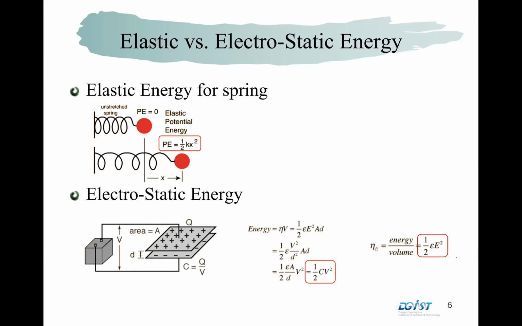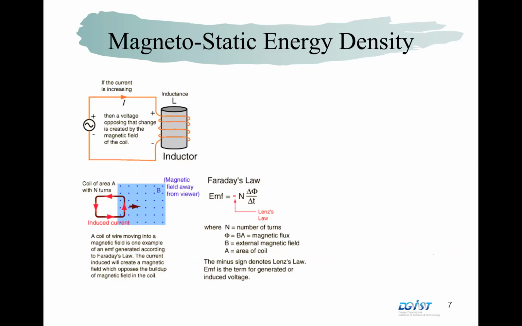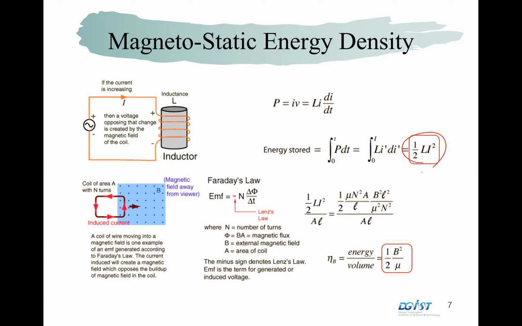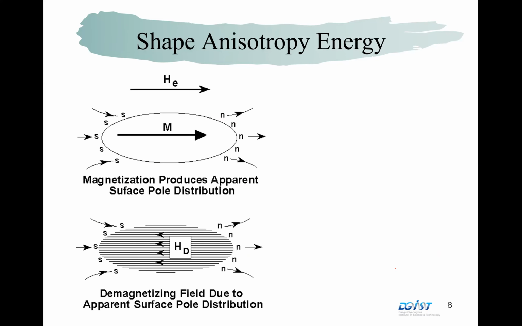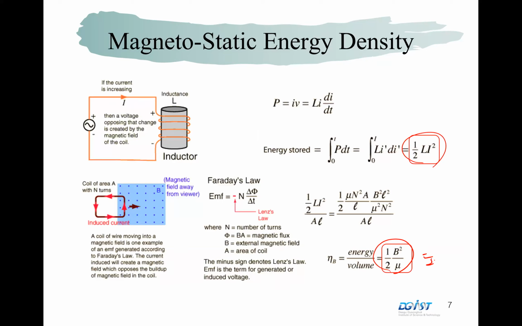So yeah, this is one more review of the electric energy for the spring, and the electrostatic energy of the capacitor is this one. And if you play with the inductor, we have this kind of stored energy density, with this expression, and this is nothing else but this one.